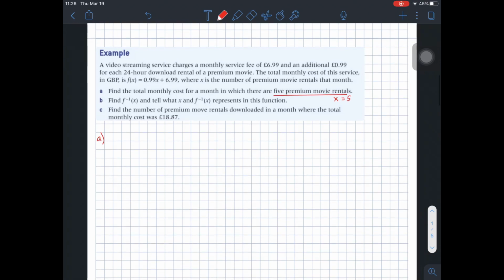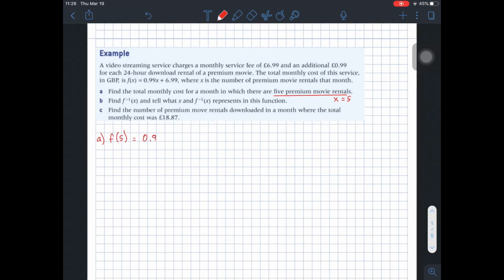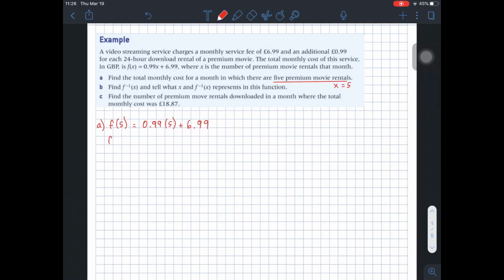So for the first part, we just need to calculate f of 5, which will be the cost of renting 5 premium movies. And this would be 0.99 times 5 plus 6.99. So f of 5 is equal to 0.99 times 5 plus 6.99. So this would be £11.94.